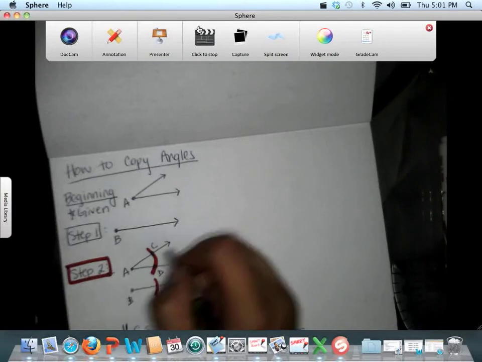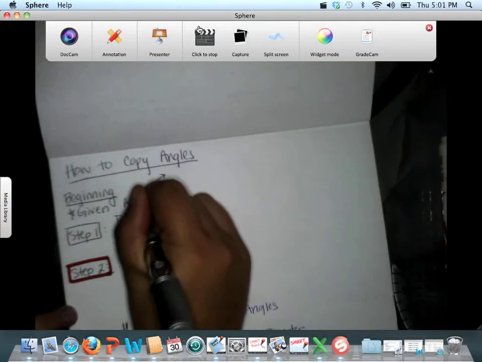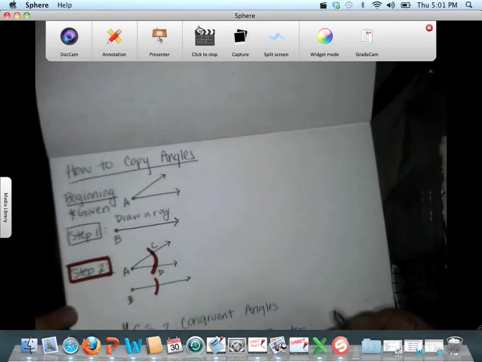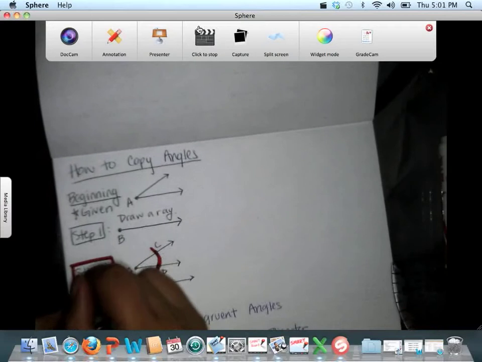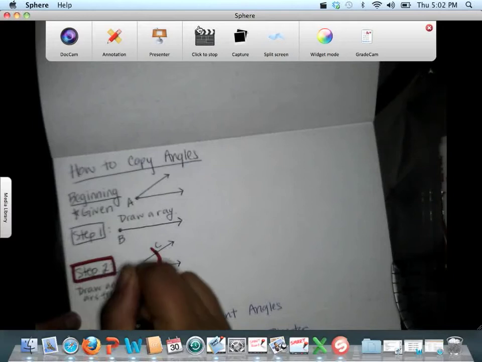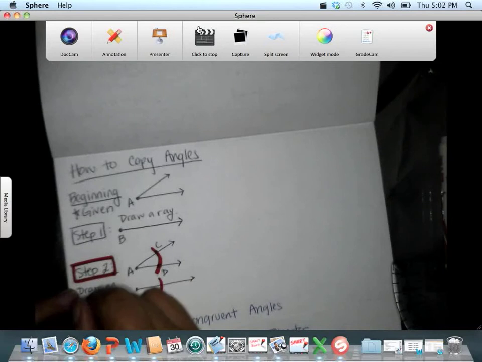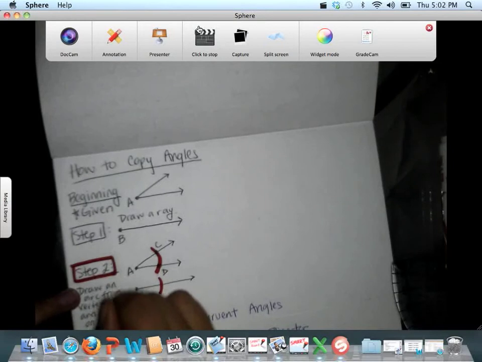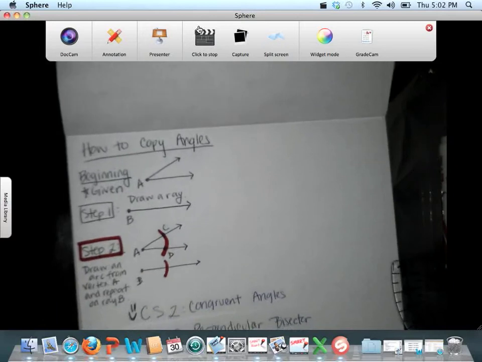So remember, step 1 was to draw a ray. Step 2 was to draw an arc from vertex A and repeat on ray B. Okay, so we've done step 1 and step 2.